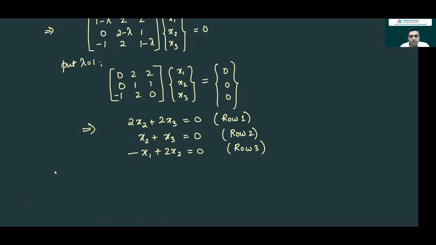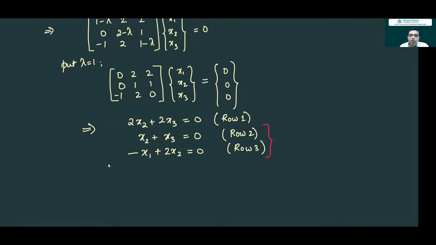So basically we have these two independent equations. That's all. The first equation is dependent on the second equation. Okay, they are identical in fact. So these are dependent equations.